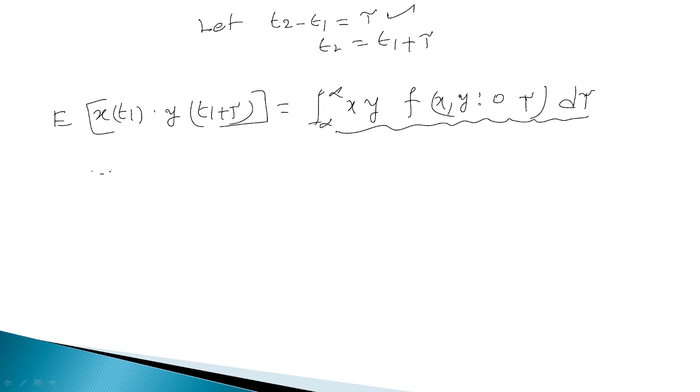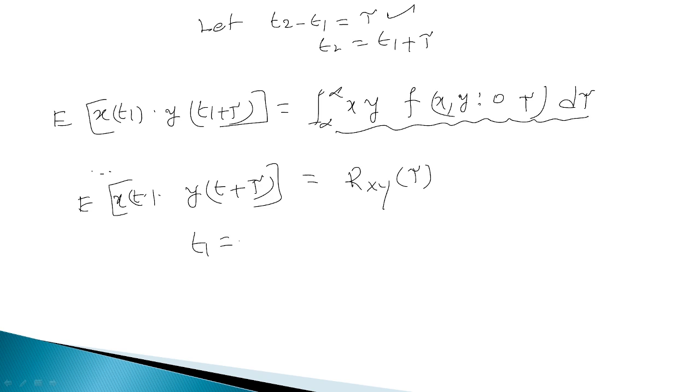So therefore this can be written in the form of the average of two signals, Rxy of tau. This can also be written as x of t into y of t plus tau, where instead of t1 I am assuming t1 equal to t.